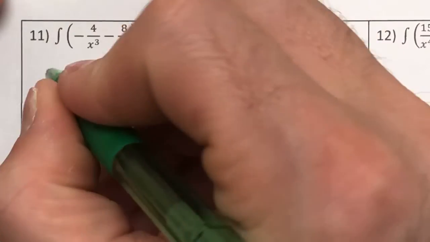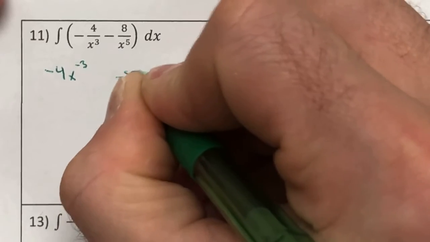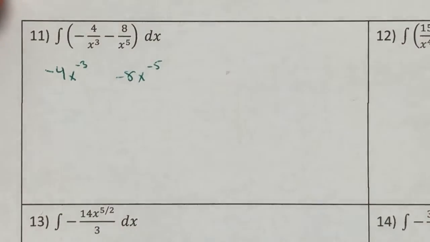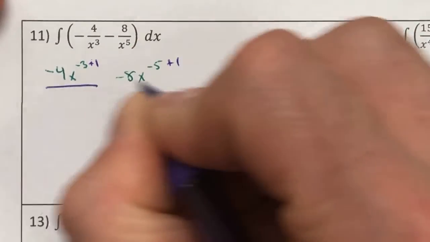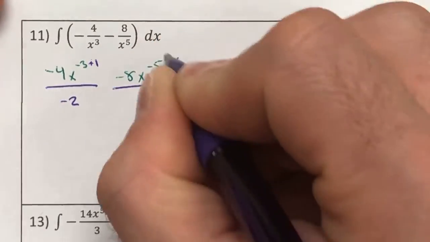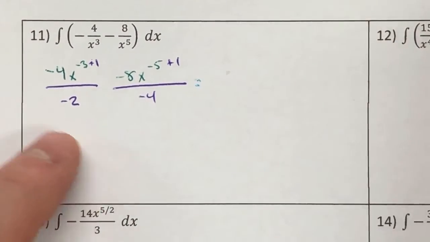So that x to the 3rd is going to be a negative 4x to the negative 3 minus 8x to the negative 5. I'm going to add my 1 to the power, and I'm going to divide by whatever that sum is. And that's going to be all we need to get our answer.